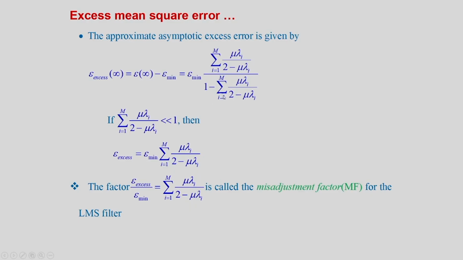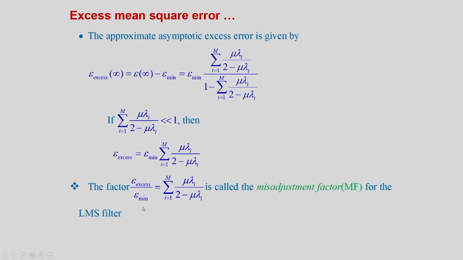Suppose this quantity is much smaller than 1, then the denominator will be simply 1, so that we can write epsilon excess, that is the excess mean square error, is equal to epsilon min times summation of mu lambda i divided by 2 minus mu lambda i going from 1 to M. This epsilon excess divided by epsilon min, this factor which is equal to summation of mu lambda i divided by 2 minus mu lambda i going from 1 to M, is called the misadjustment factor MF for the LMS filter.